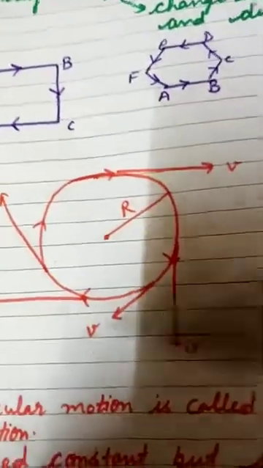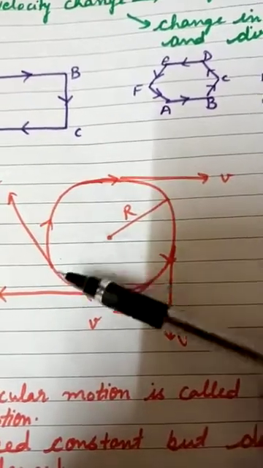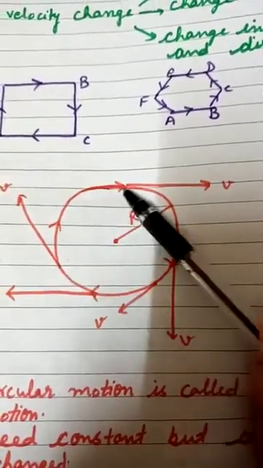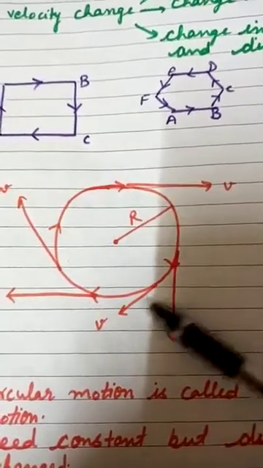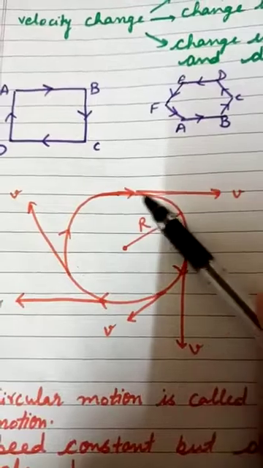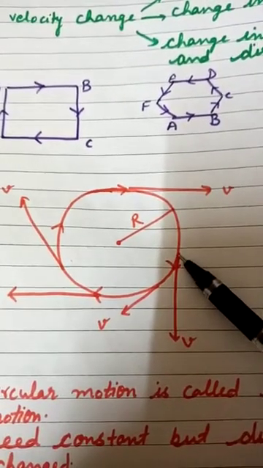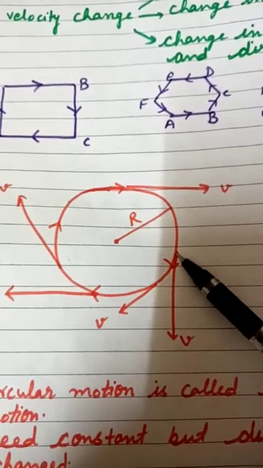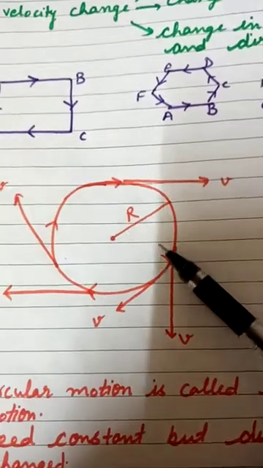Suppose this is a circular track on which the object is moving. You can see at every point it changes its direction. So if the object is changing its direction at every point, that means its velocity is changing at every point.